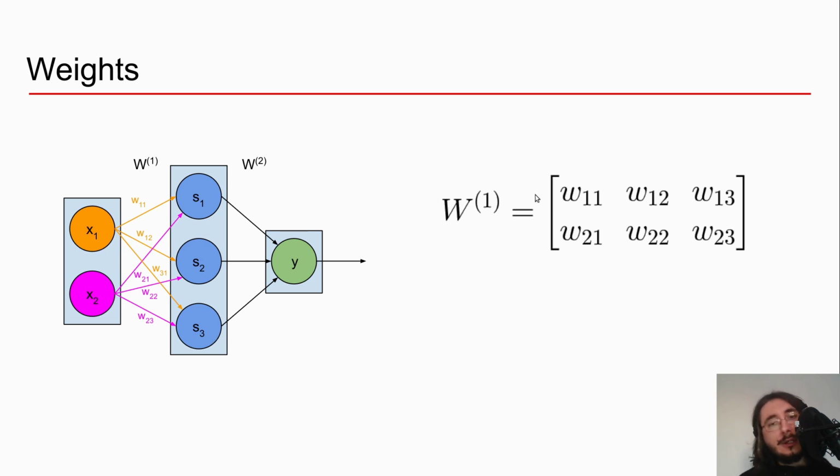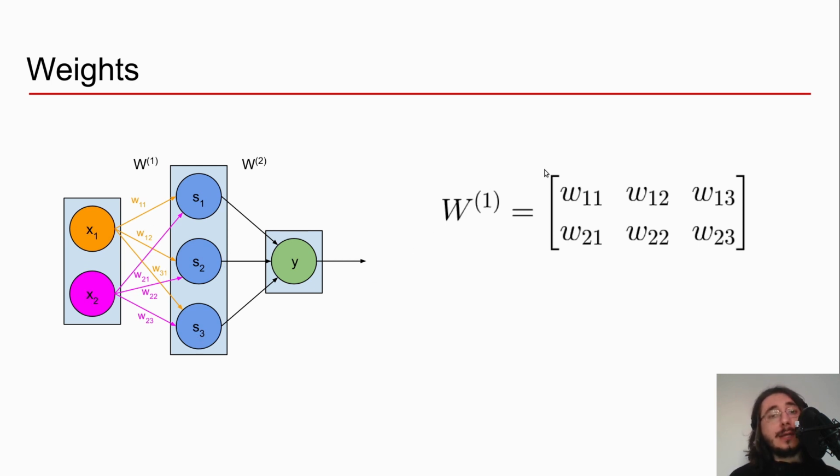And as you can see here, we can look at these matrices. If we consider only the rows, we're basically looking at all of the connections of one neuron from the initial layer into the second layer. Then if we look down here, we'll see that on the second row, we have all the connections of x2 with S1, S2, and S3.